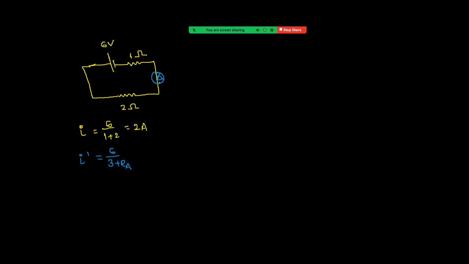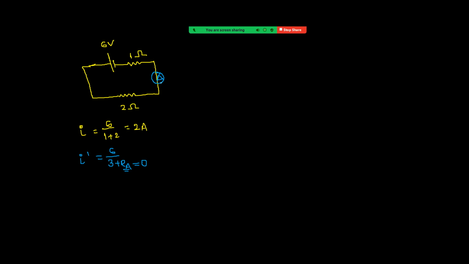So if you want to measure exact value, its resistance must be small, or you can say its resistance must be equal to 0. So if the device is having 0 resistance, it can measure exact current, but practically it is not possible. It will have some resistance.